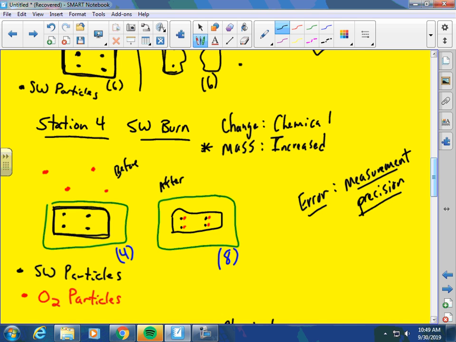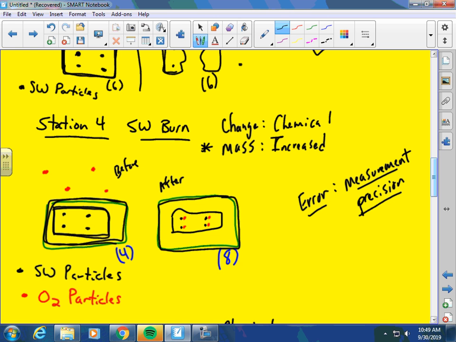So in this case, I took those oxygen dots and combined them with the steel wool. Obviously this is an exaggeration. The mass didn't double, but according to my model, it goes from 4 dots that are actually on the balance, because the balance would be finding the mass of this part, to now 8 at the end. It doesn't really double, but it shows the idea that oxygen is combining with the steel wool.